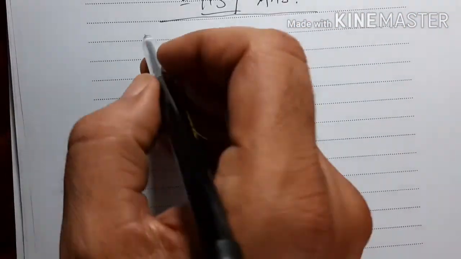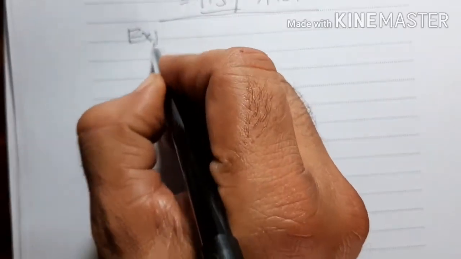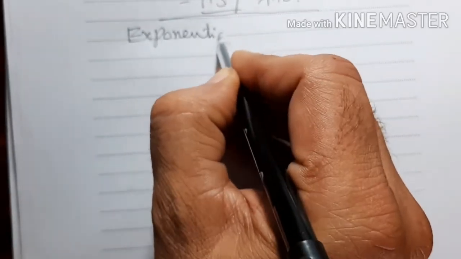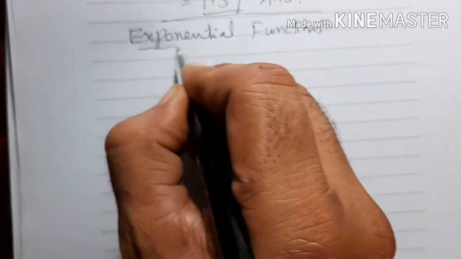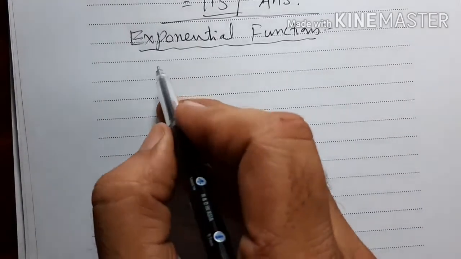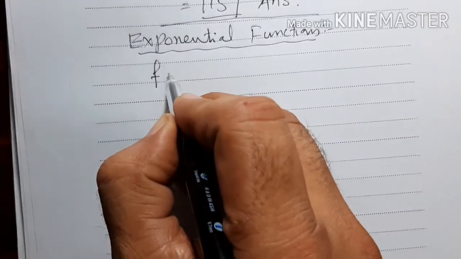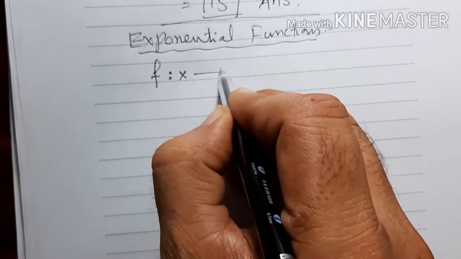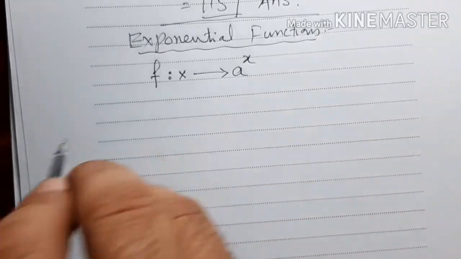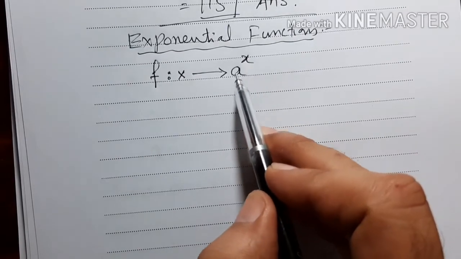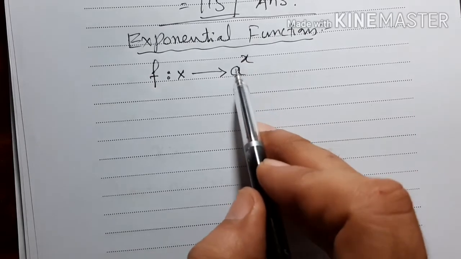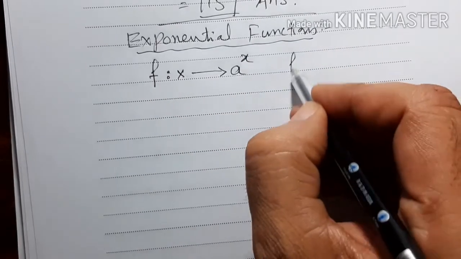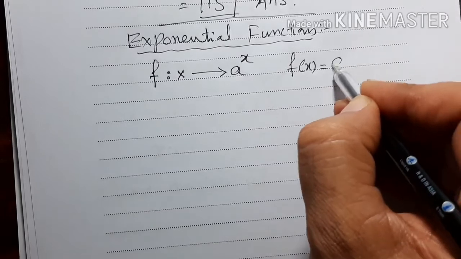So now, what are exponential functions? Actually, a function in which your main variable x is at the place of exponent or power or index, then this function is called an exponential function.